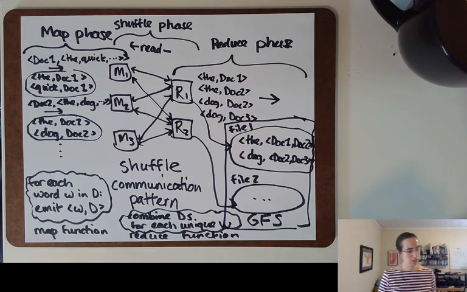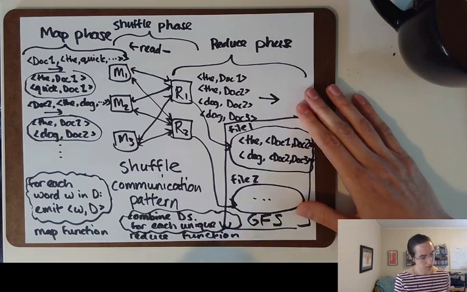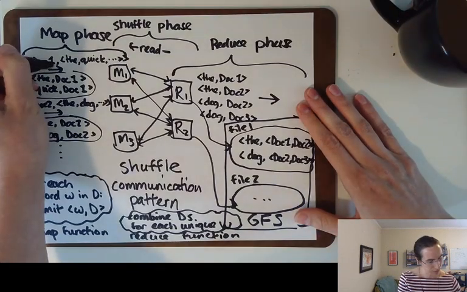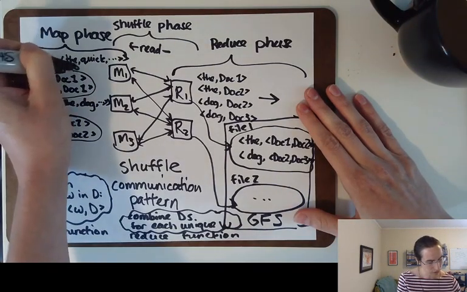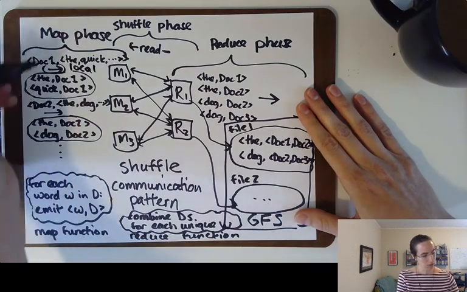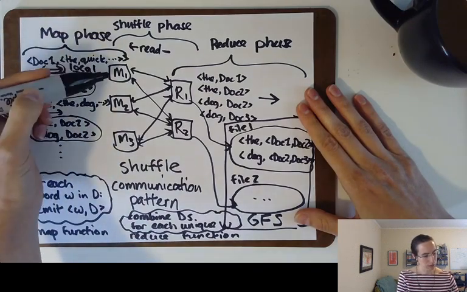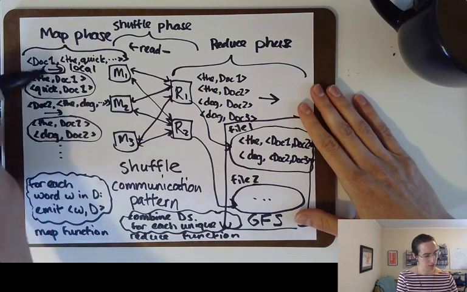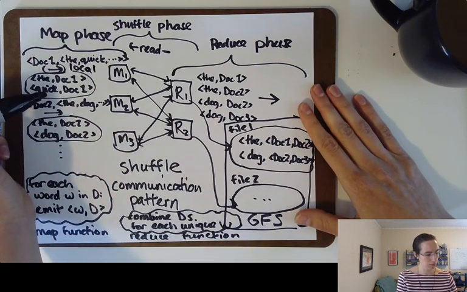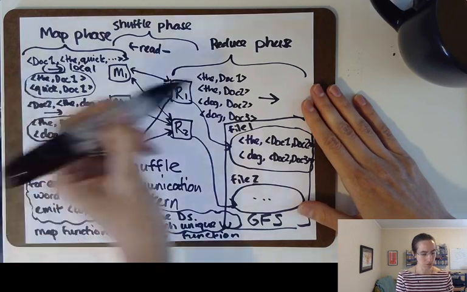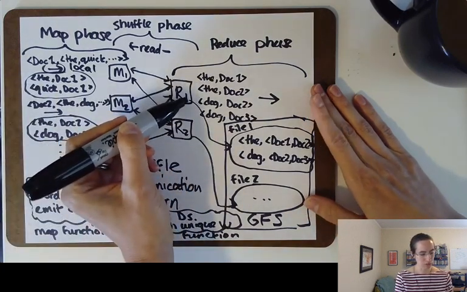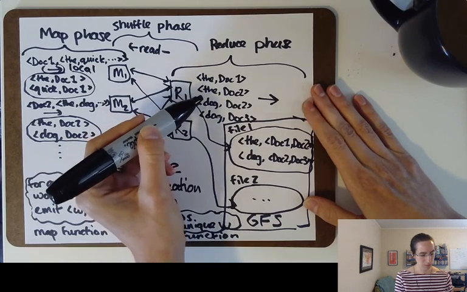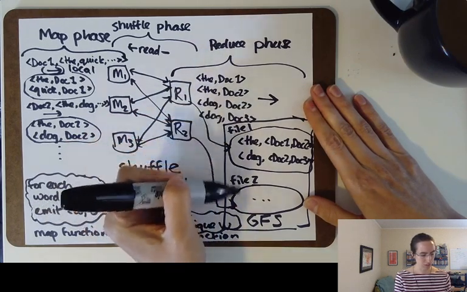One thing that's key is that these computations, these writes right here, are all local. When each of these map workers does its computation, it doesn't have to send anything over the network initially when it's computing these intermediate key value pairs. And in the reduce phase, each of these reduce workers is doing its computation locally, and it's then storing it somewhere on the network.